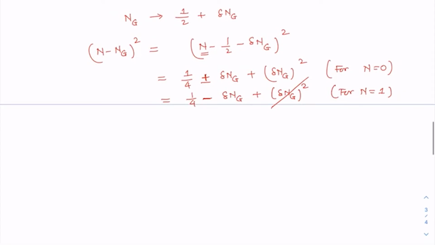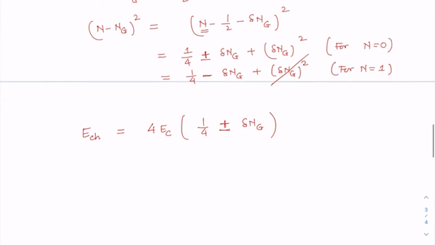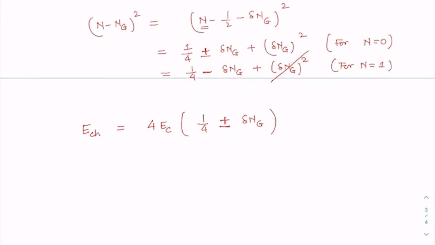And then we can write the charging energy ECH as 4 EC times (1/4 plus minus delta Nz). Let me emphasize once again that plus corresponds to n is equal to 0 and minus corresponds to n is equal to 1, or I have EC plus minus 4 EC into delta Nz.